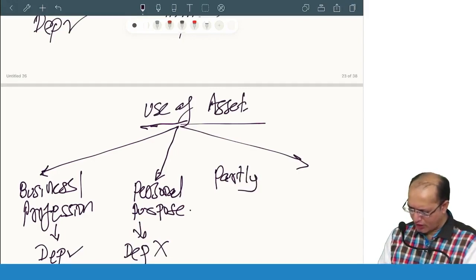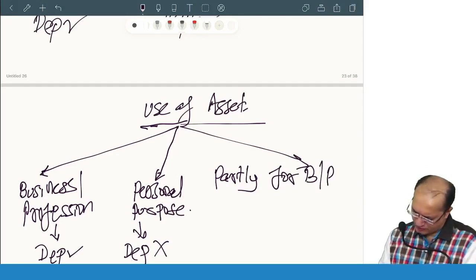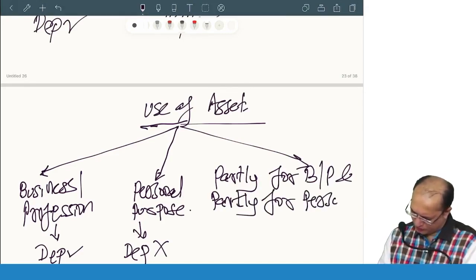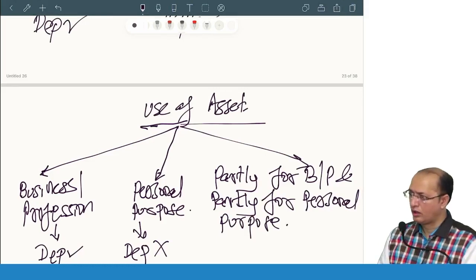asset is used partly for business profession and partly for personal purpose. In that case, what will happen?